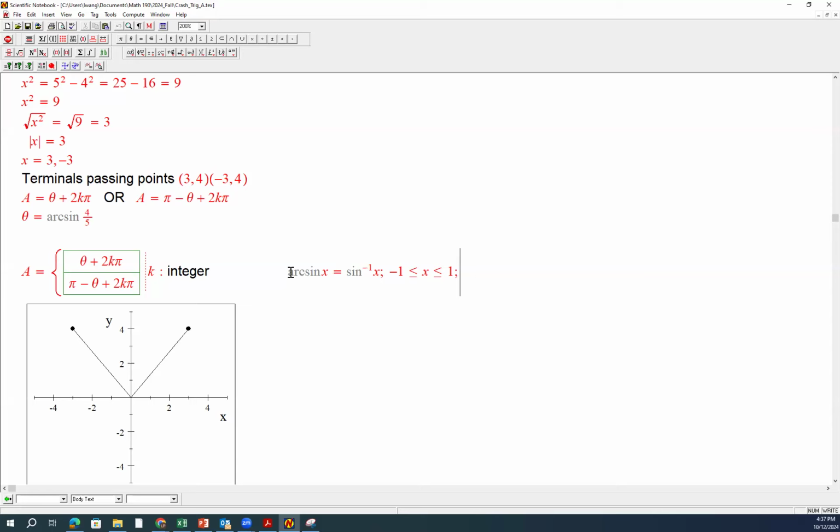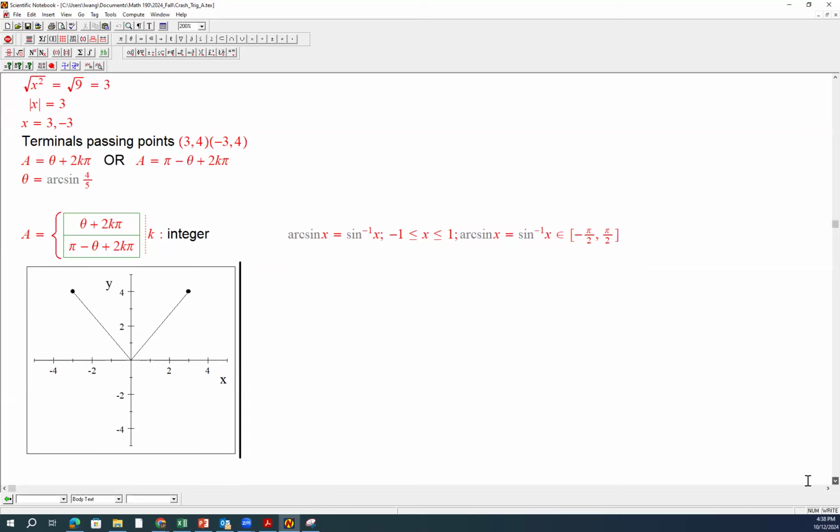So what is the range of arcsine? The range of arcsine is going to be between negative pi over 2 to positive pi over 2. Okay, what does that mean?